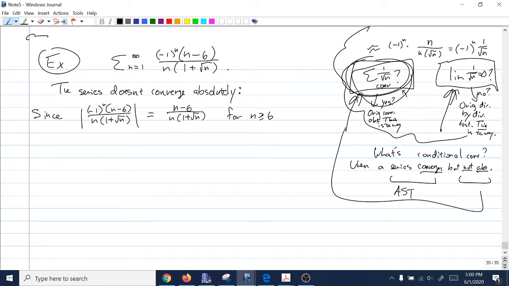And so now the thing on the right is always positive, and it does equal the absolute value of the thing on the left. It's enough to show that the sum of (n minus 6) over n times (1 plus root n) diverges. This has a few negative terms at the front, but it's the part at the end that determines whether it diverges or converges. Those few negative terms don't mean anything.